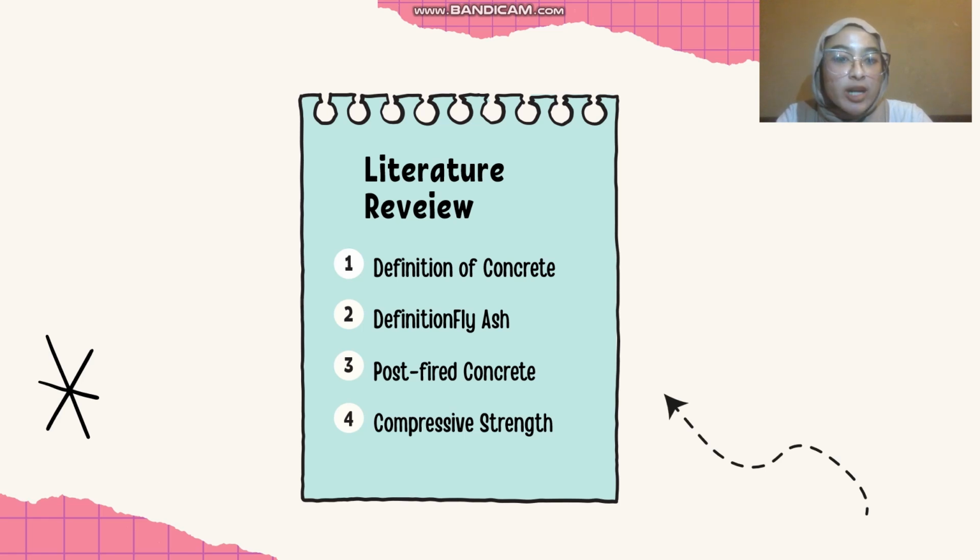The compressive strength of concrete that is burned for 5 hours at a temperature of 500 degrees Celsius is 3.563 MPa.